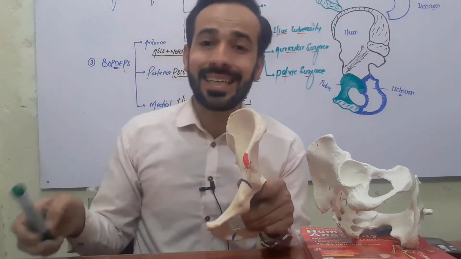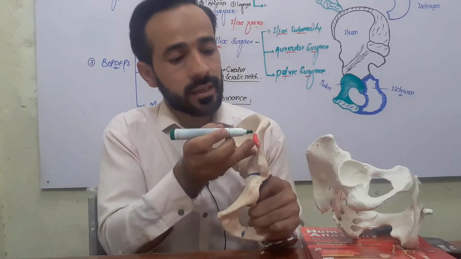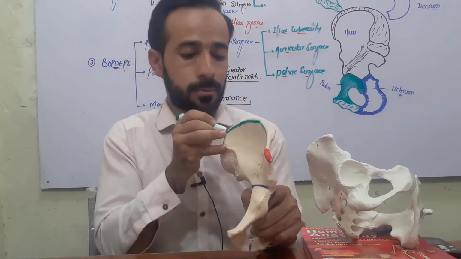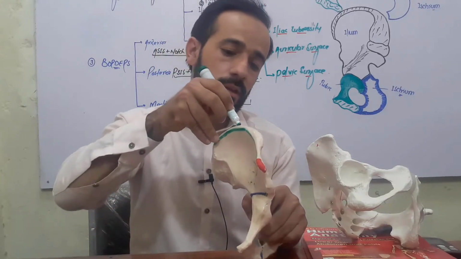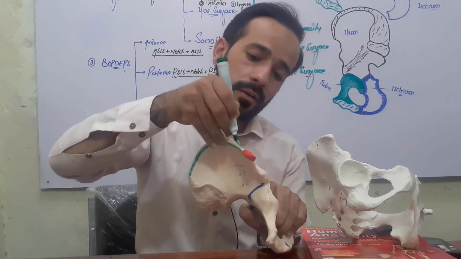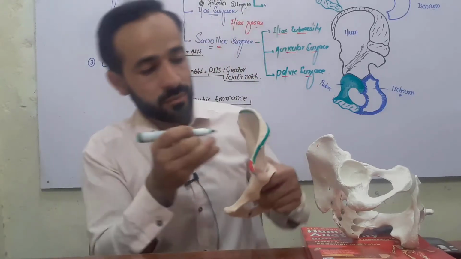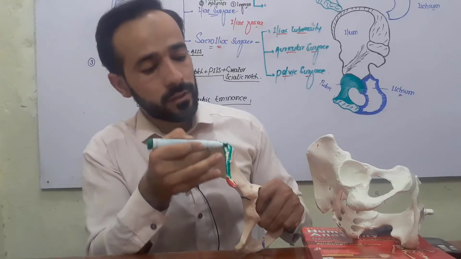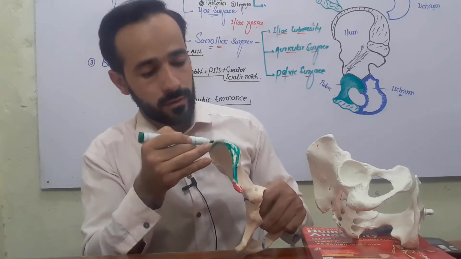Let me color the ventral segment with the green color. The ventral segment will start here and come up to here. Look carefully, the ventral segment is a little bit longer than the dorsal segment. So this whole represents your ventral segment.